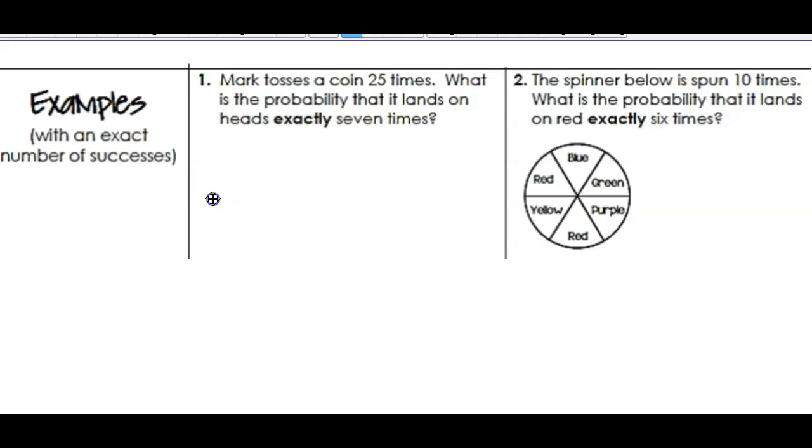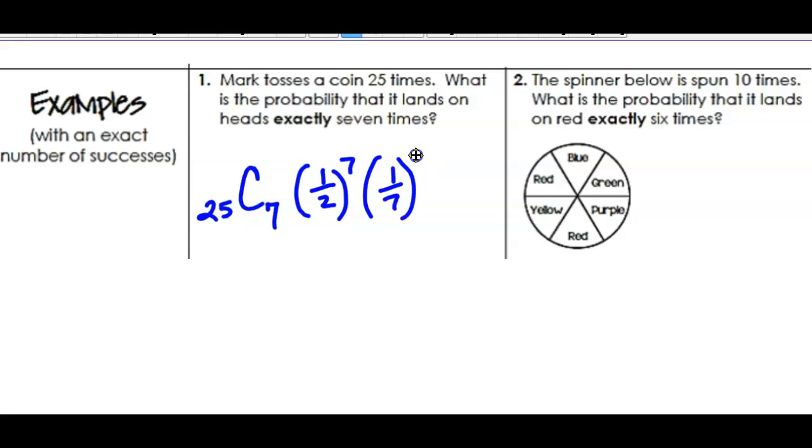So if we were doing the formula, we would say 25 times, and we want it to land exactly 7 times on heads. Well, the probability of heads is 1/2. The probability of failing is also 1/2, and that would be the remaining 18 times.